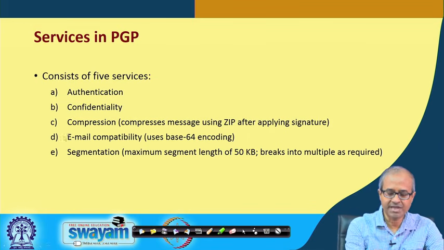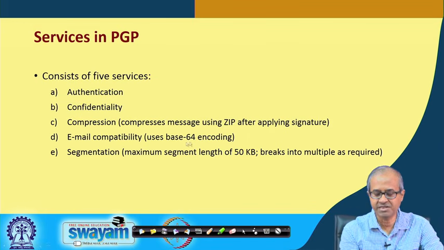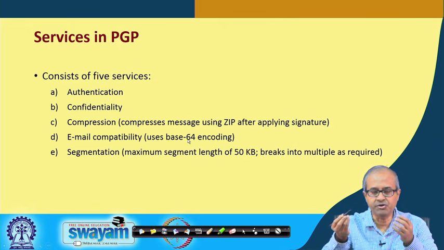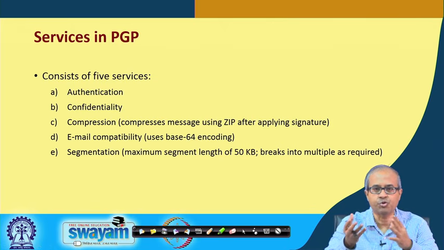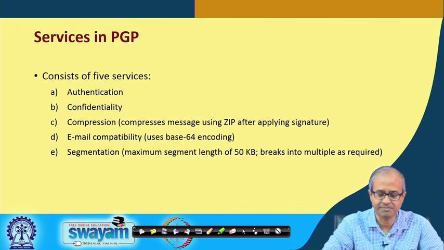And for email compatibility, it uses an encoding called base 64 encoding. Those of you who know the SMTP protocol for electronic mails may know that all electronic mail attachments, whatever you are sending, are encoded in some form. This is called base 64 encoding. So, it is compatible with that.